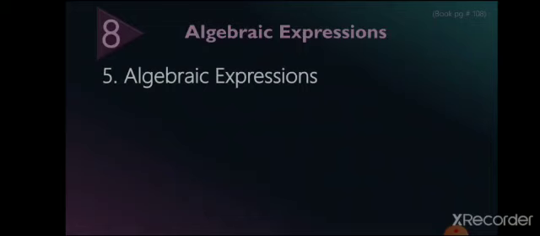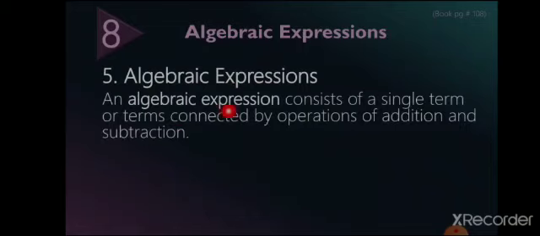Okay, next is algebraic expressions. An algebraic expression consists of a single term or terms connected by operations of addition and subtraction. Okay, constant and variables, when written together with operators, mean plus or minus, division or multiplication, whatever it is.